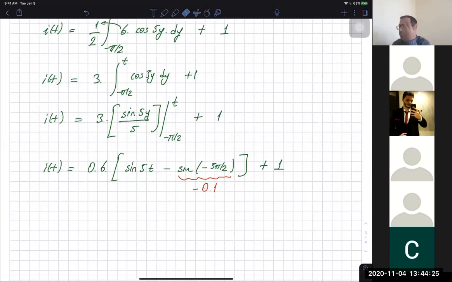Sine is periodic over 2 pi, so that is equivalent to sine minus pi over 2, right? So sine is 0 at 0. At positive pi over 2, it's 1. So that should be minus 1, I believe, instead of minus 0.1.